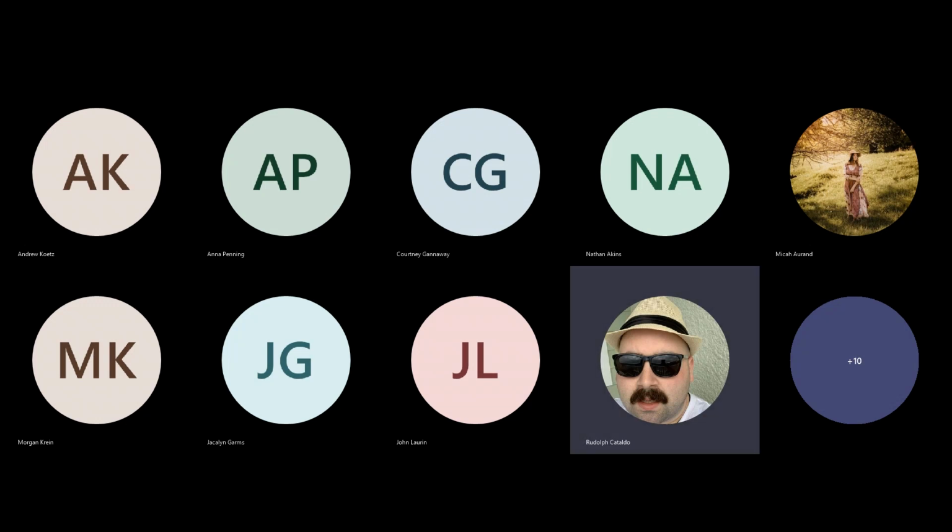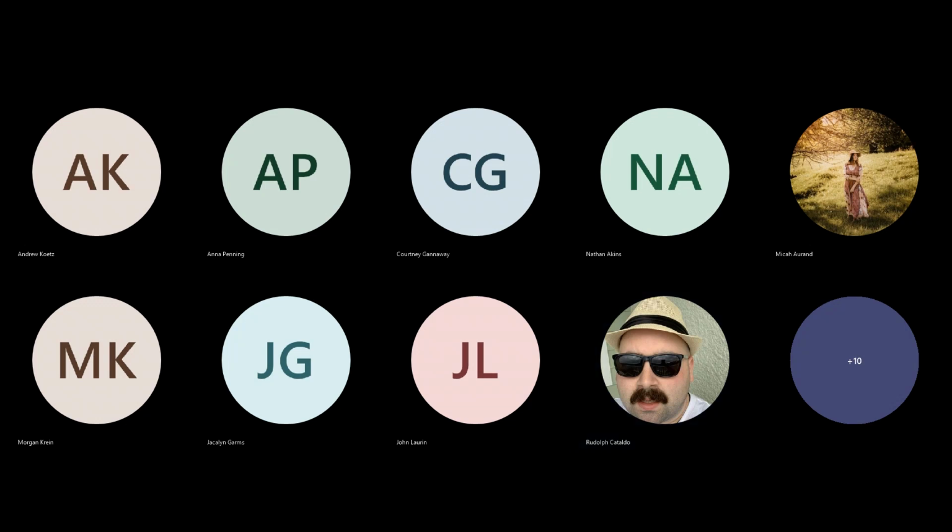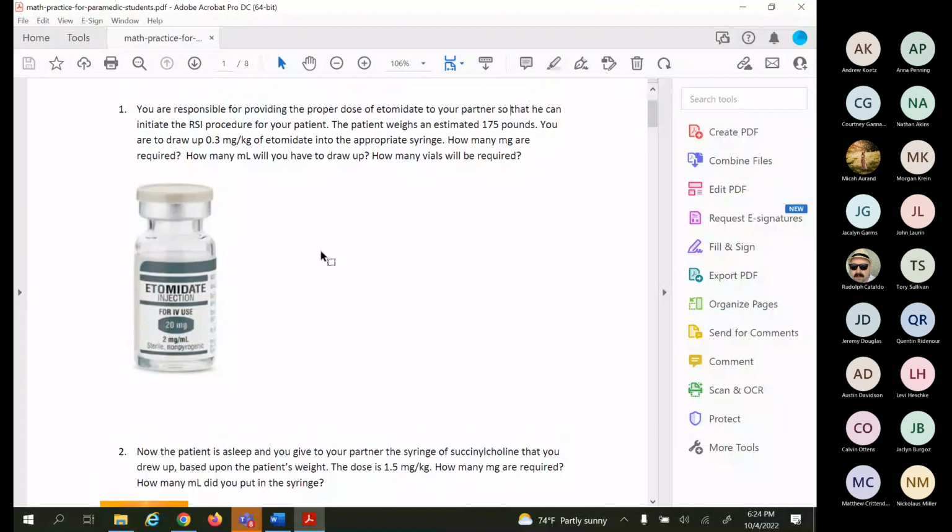So I'm going to show you 3 tonight. We're going through 2. So let's pull up that worksheet again. 2 question 1. In this instance, it says you're responsible for providing the proper dose of etomidate to your partner so that he can initiate the RSI procedure for your patient.